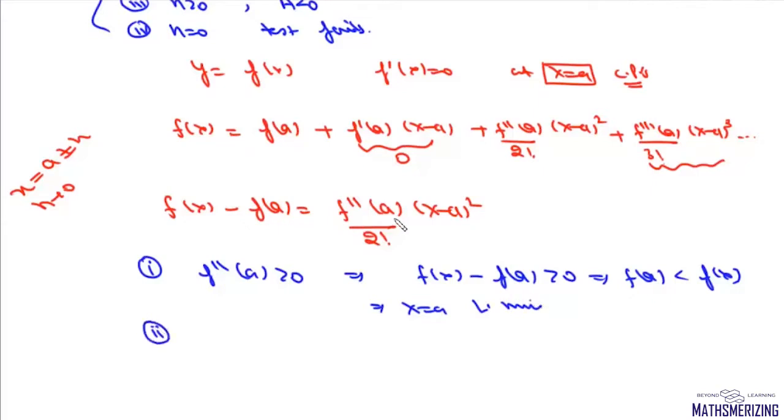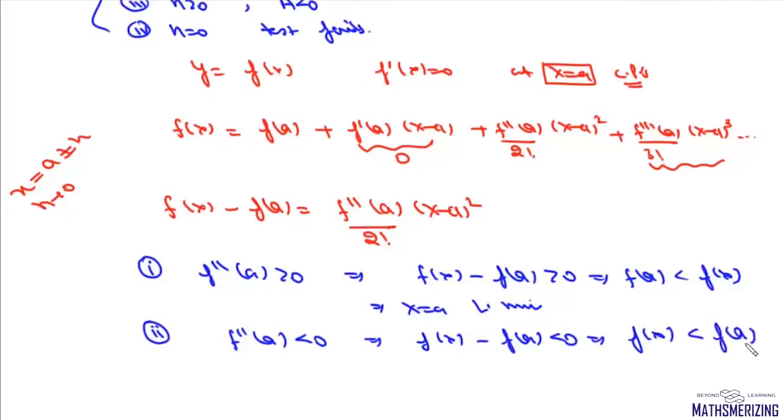And if the second derivative is negative, then we'll get f''(a) less than 0, which means f(x) minus f(a) is less than 0. That is, f(x) is less than f(a). So for all the points in the neighborhood of a, the value of this function is less than the value at this point a.